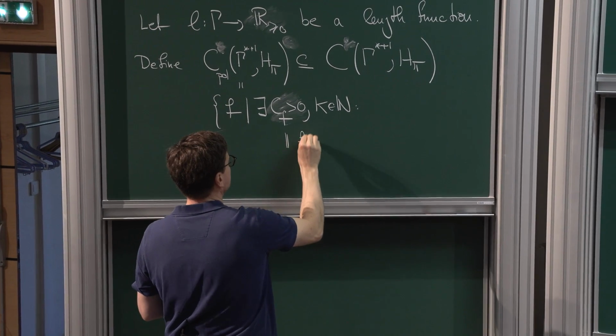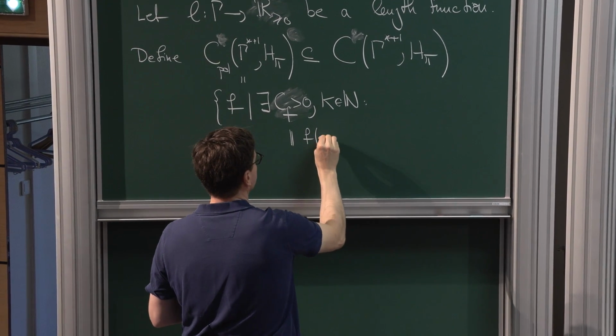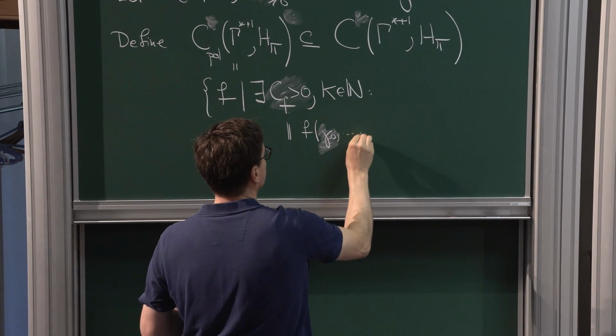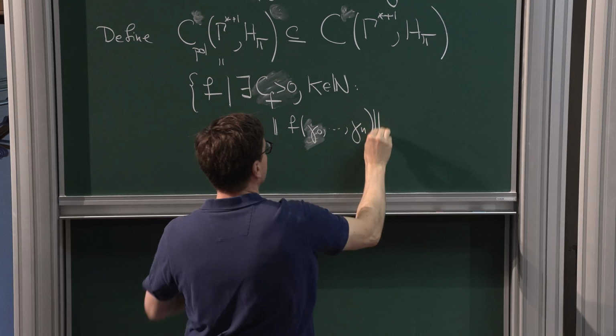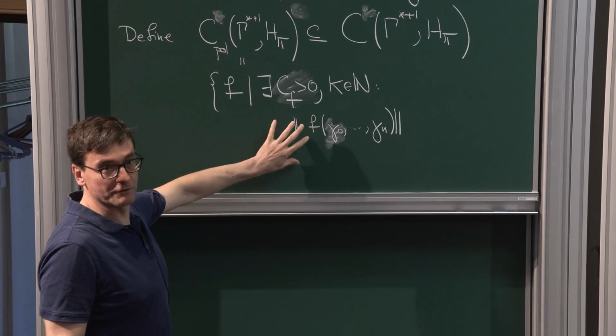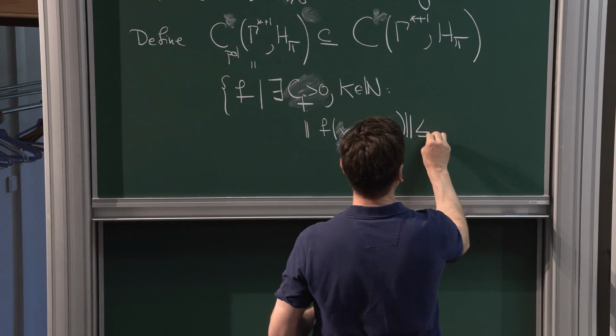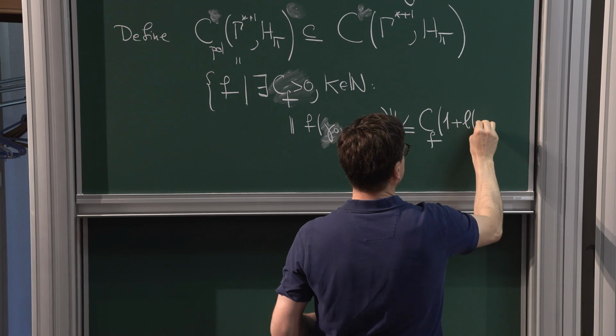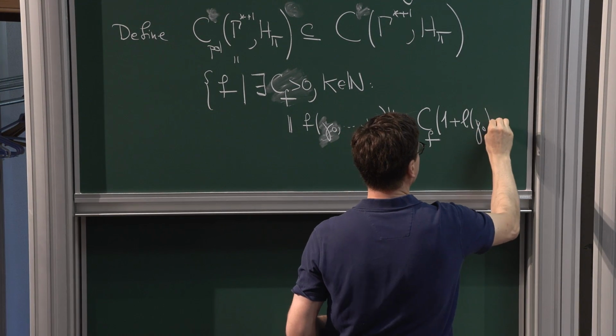So if you take f of gamma 0 up to gamma n, it takes values in this unitary representation, take its norm, and then it's bounded by this constant, and then you sum up the lengths.